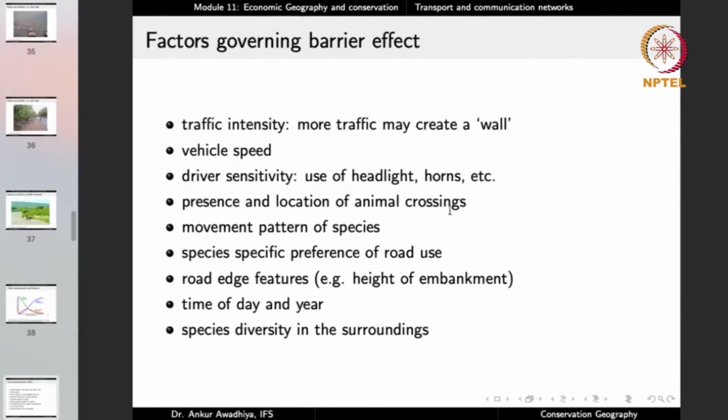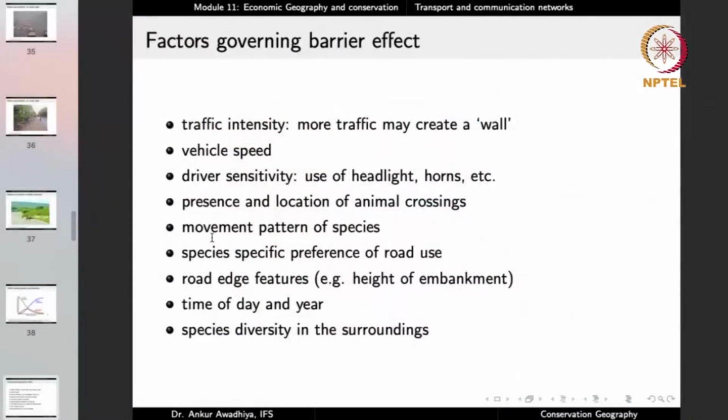It also depends on the presence and location of animal crossings. Now, animals are intelligent beings. So if you provide the road with sufficient number and sufficient size of animal crossings, the animals will just not attempt to cross the road and they will use the crossings. A very good example of crossings is bridges.